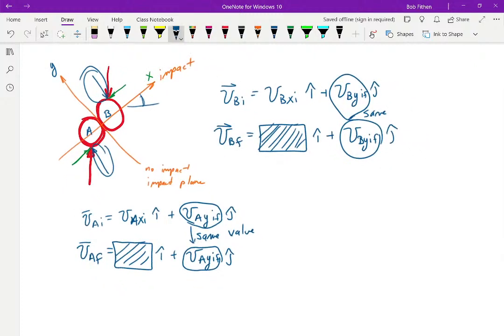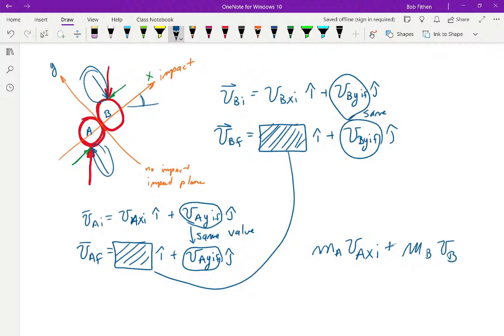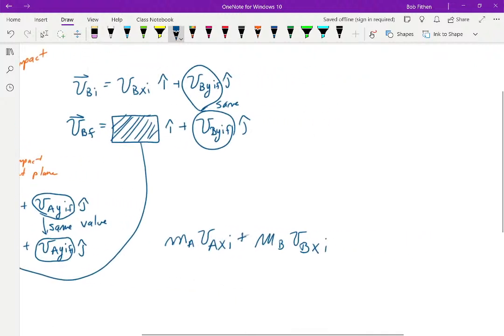So how do you determine these two? Well, now you're looking along the impact. MA, VAX initial, plus, oh, I forgot the M, MB, VBX initial. Now, here's what I can do.